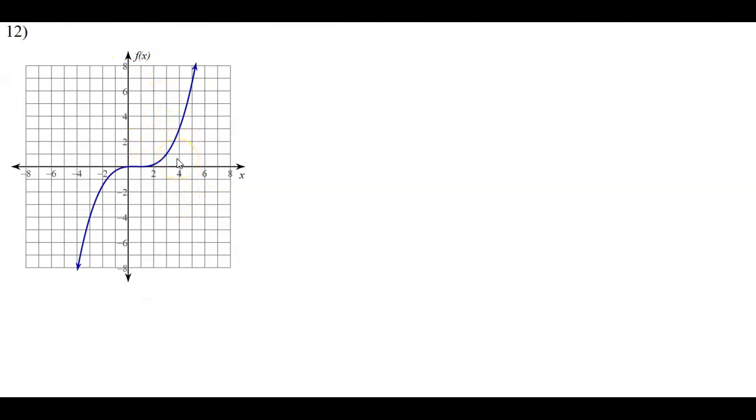Same directions. So for this one, the slope is positive here, and it's positive here as well. But right about here in the middle, at that point 0, the derivative is 0.